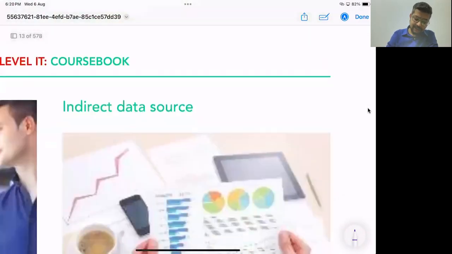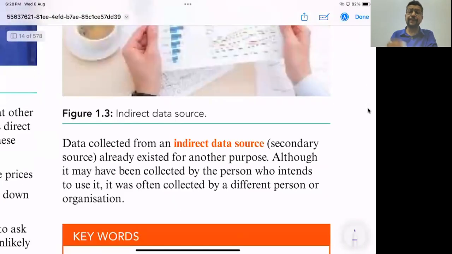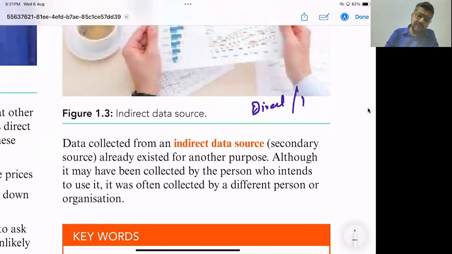So an indirect source is where data is collected from an indirect data source, a secondary source, which already exists for another purpose. It may also have been collected by the person who intends to use it, though it was often collected by a different person. Whenever you talk about direct or indirect, some companies plan to collect the data only once, and then they will not collect data from the customer or user again for the next purpose.